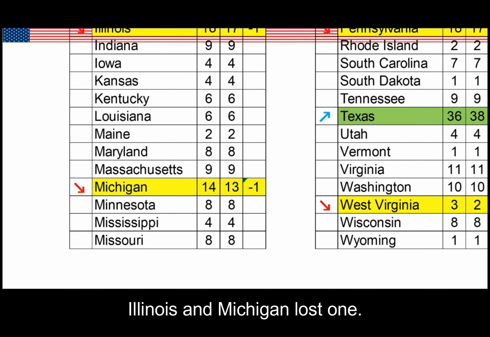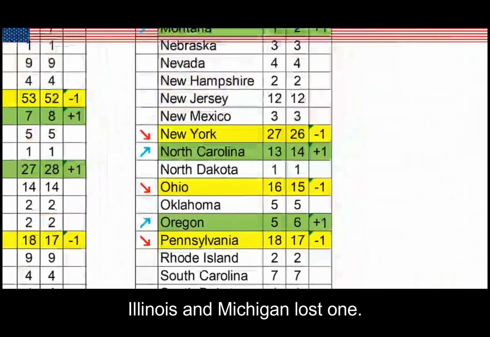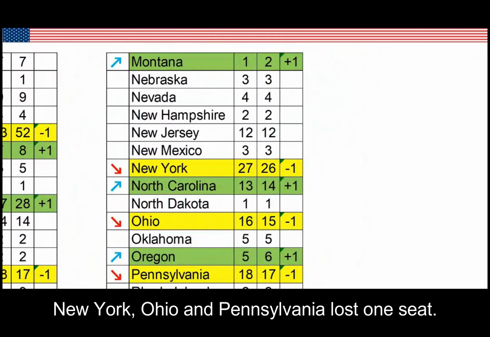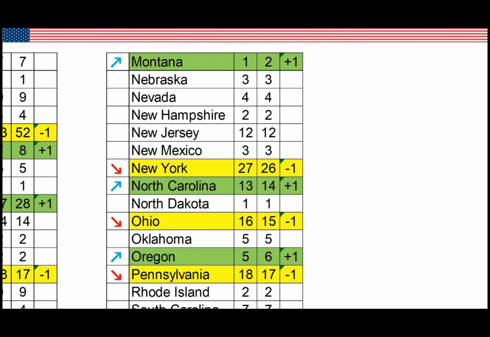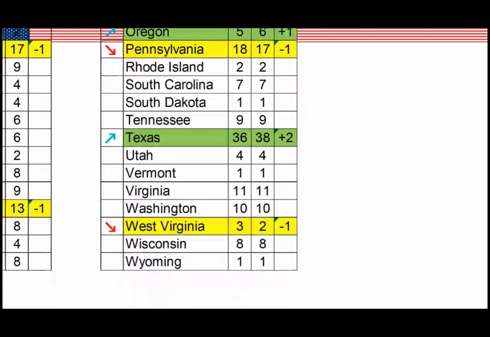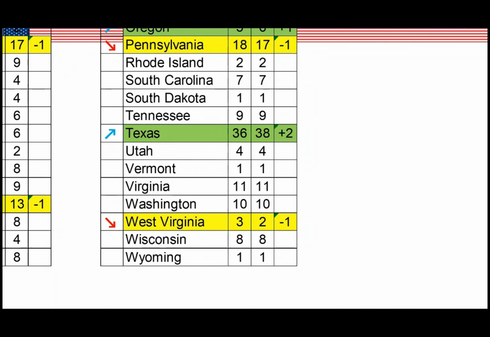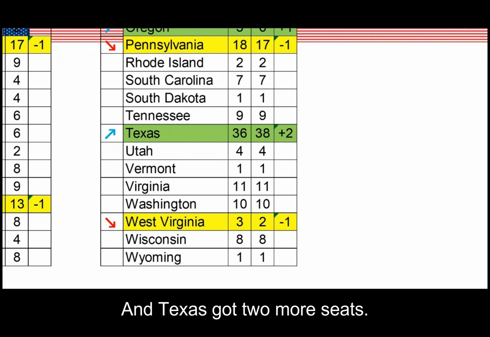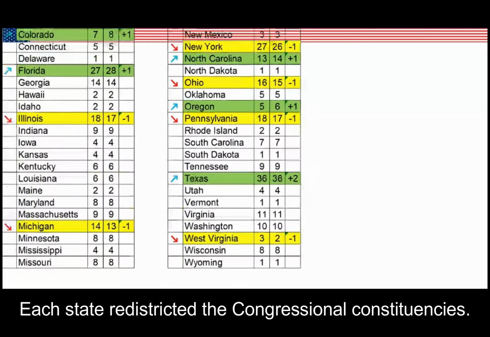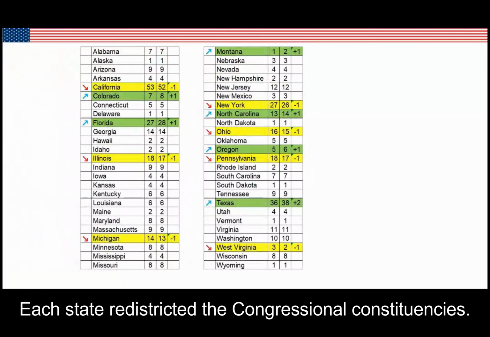Illinois and Michigan lost 1. New York, Ohio, and Pennsylvania lost 1 seat. And Texas got 2 more seats. Each state redistricted the congressional constituencies.